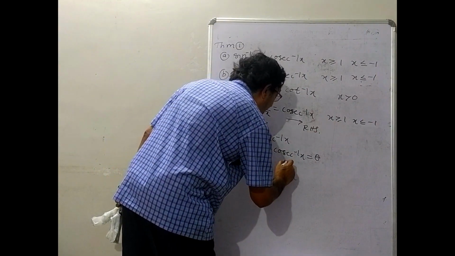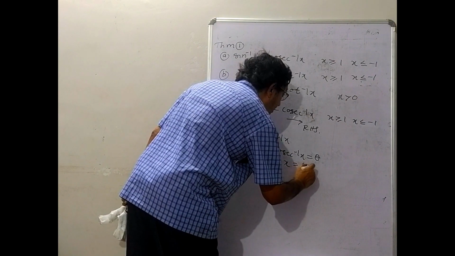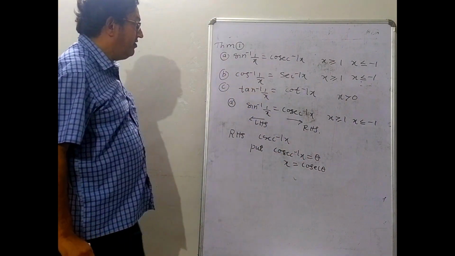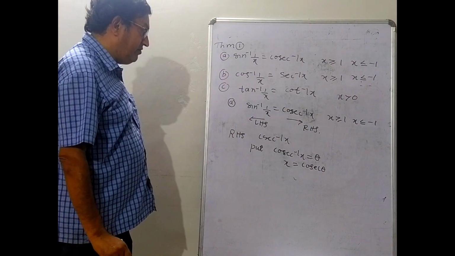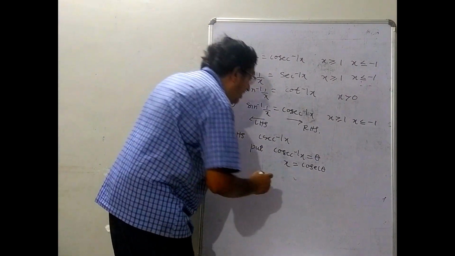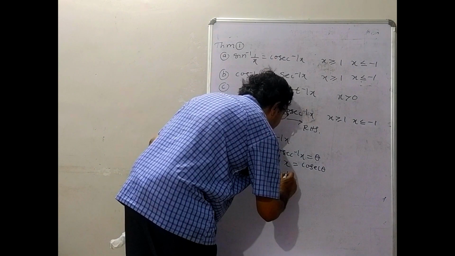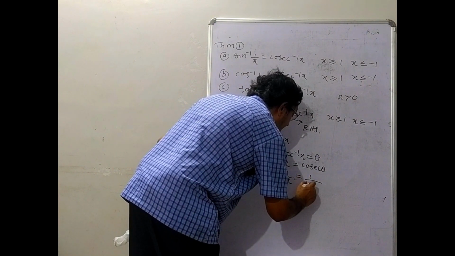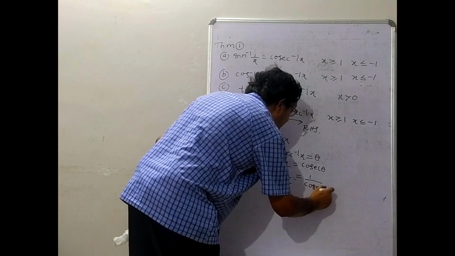Then what will be the value of x? x will be cosec theta. Then what will be the reciprocal of x? 1 by x will be 1 divided by cosec theta.